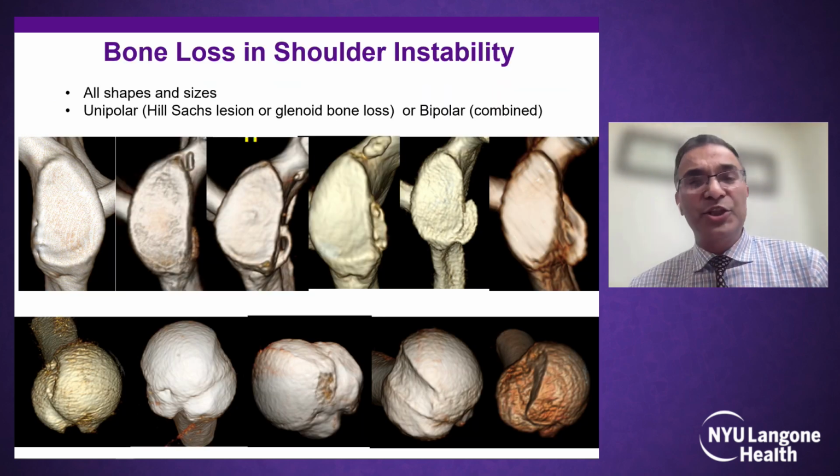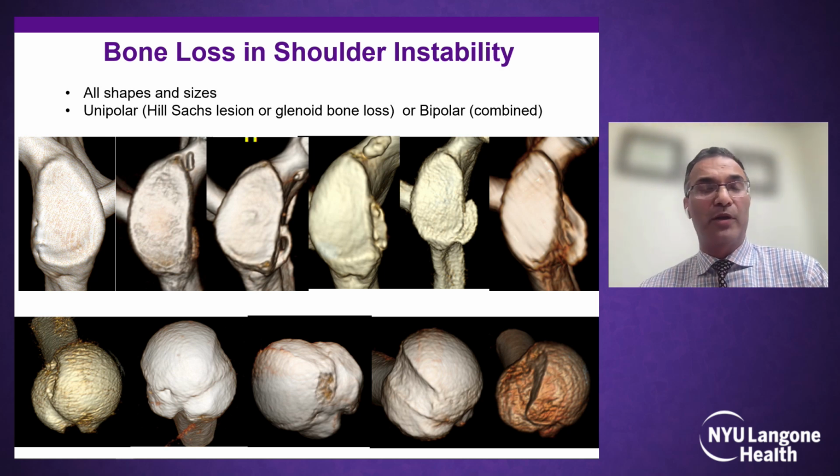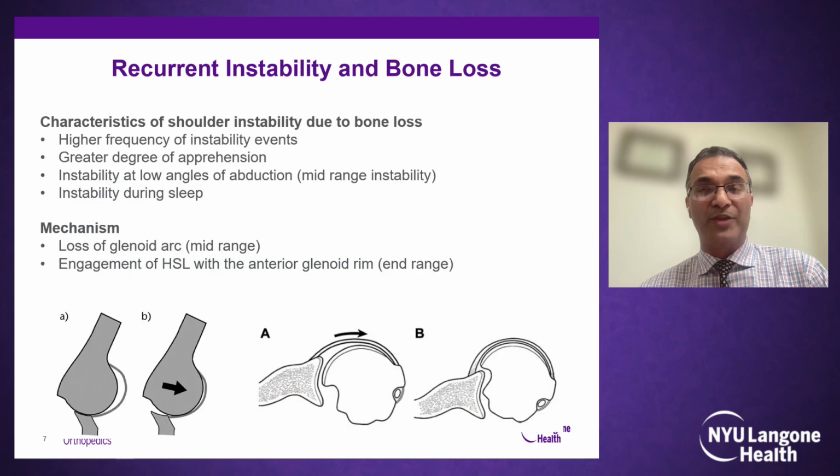Now, bone loss in shoulder instability comes in all shapes and sizes, unipolar, affecting either the humeral head or the glenoid, or bipolar combined, as shown in these 3D reconstruction images of multiple patients. Now, when we evaluate a patient with recurrent instability in the setting of bone loss, there are certain characteristics in history and physical examination that will point out to this particular phenomenon.